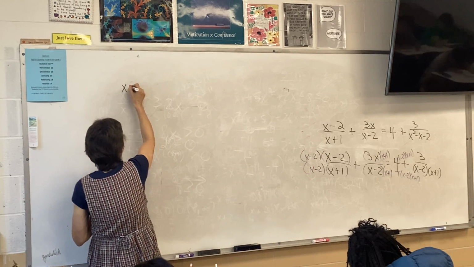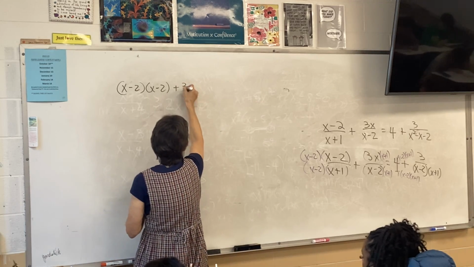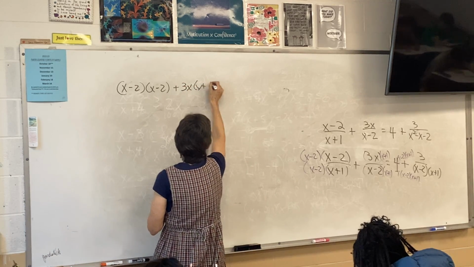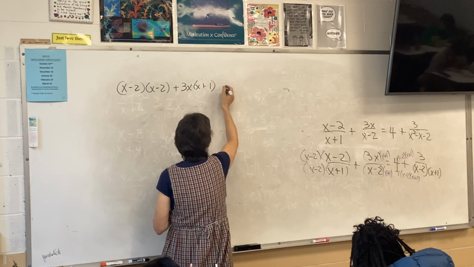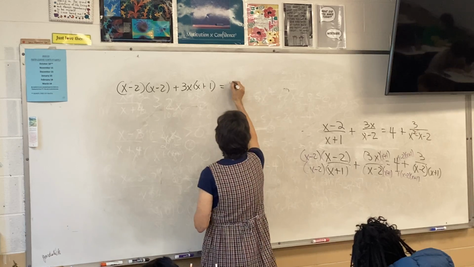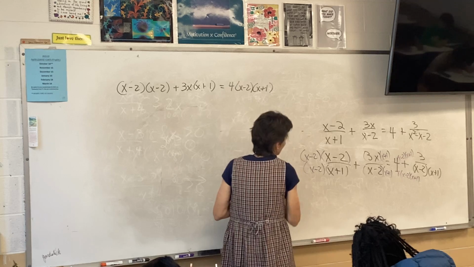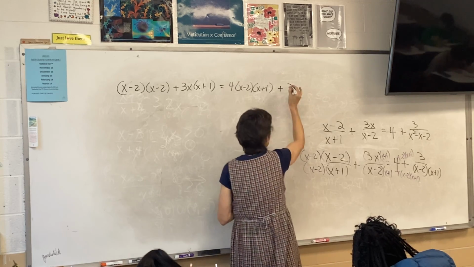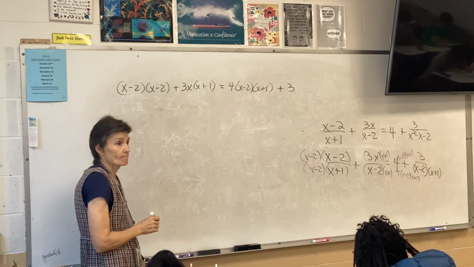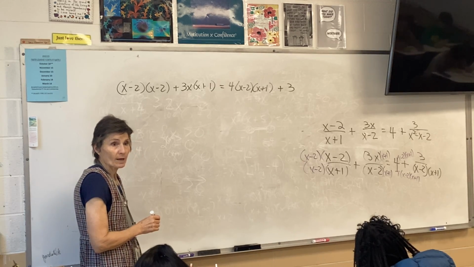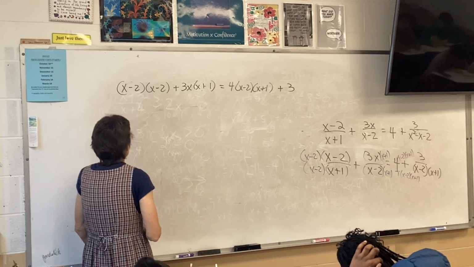Looks like we have x minus 2 plus 3x, x plus 1, equals 4x minus 2x plus 1 plus 3. Is that okay? Well, it's a heck of an equation, but now it's easy. We just have to do the work now.